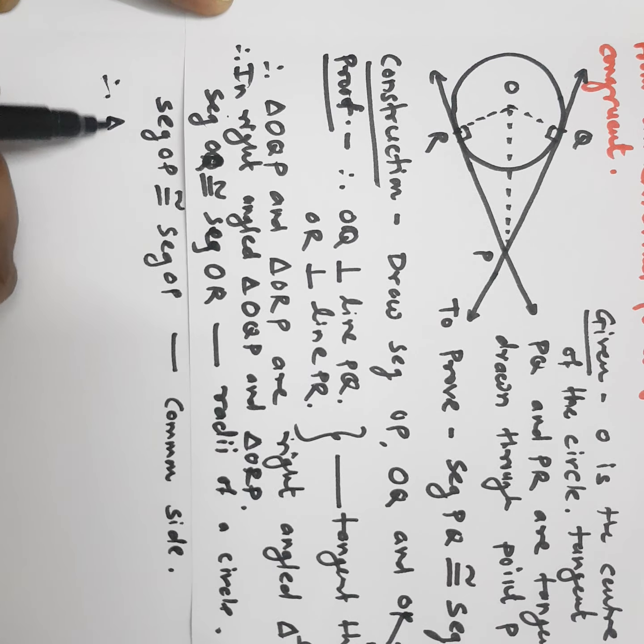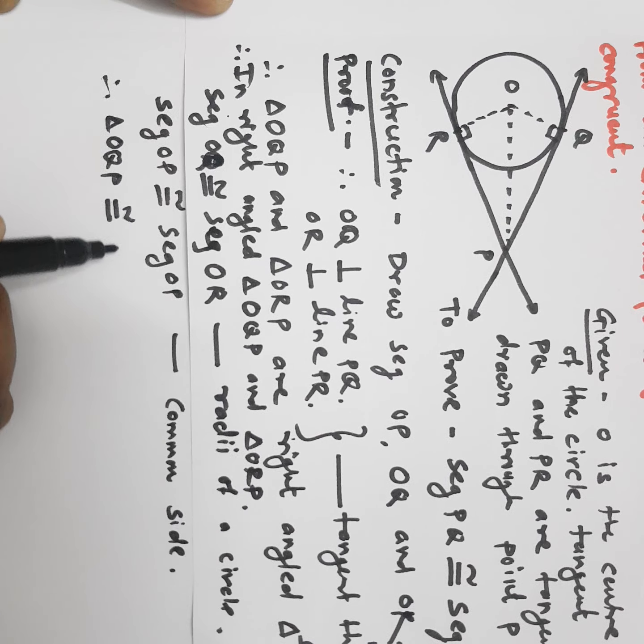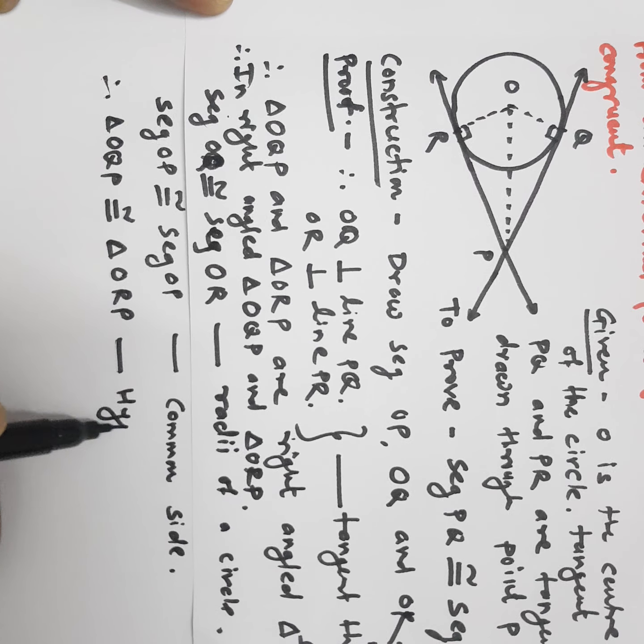Therefore, triangle OQP is congruent to triangle ORP by the hypotenuse side theorem.